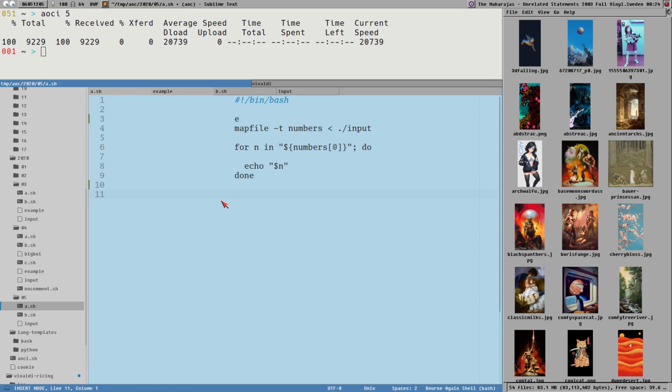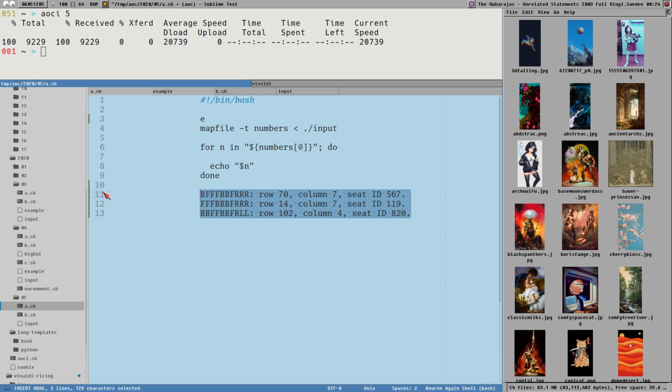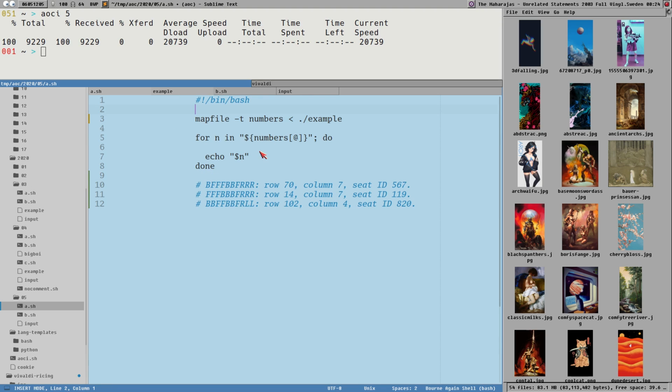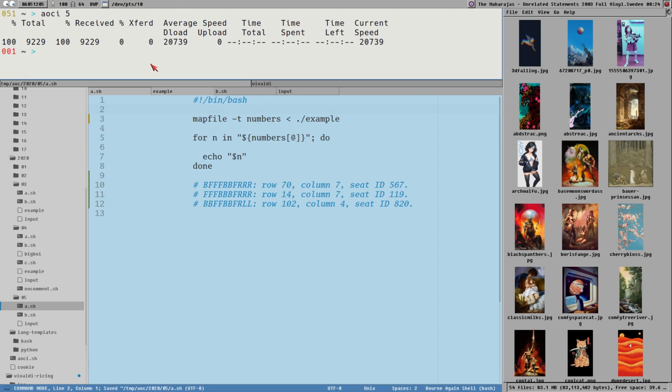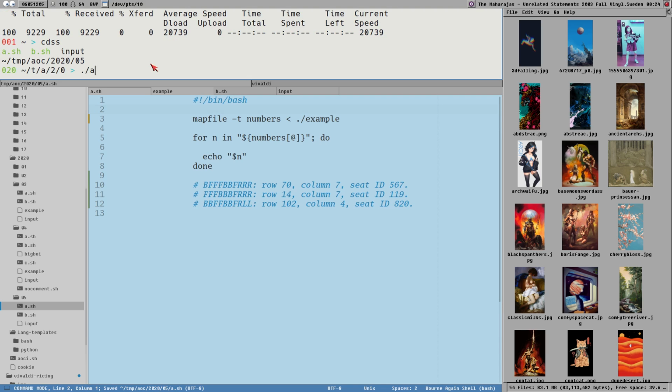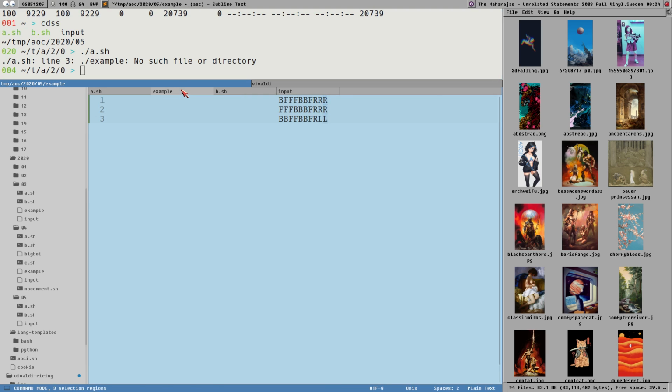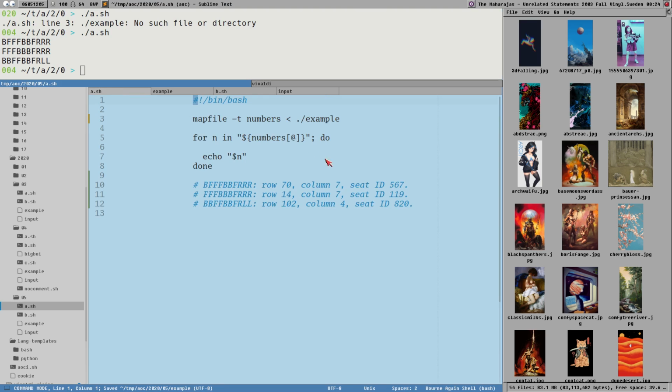Paste that here again. Use example. echo n. Example, let's save the file. There, works good.